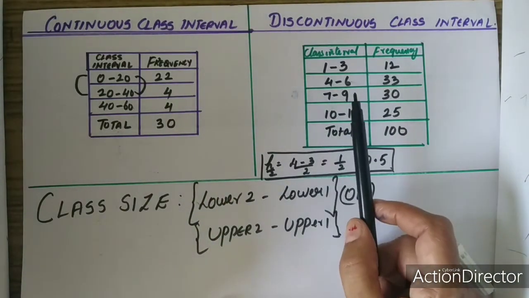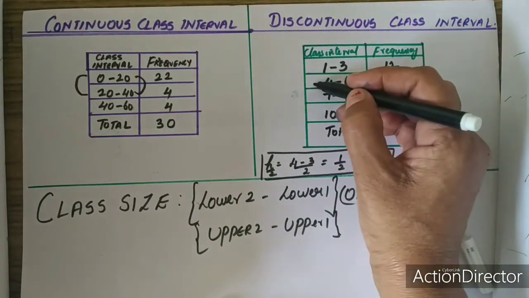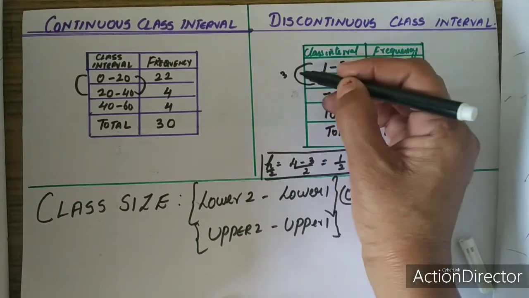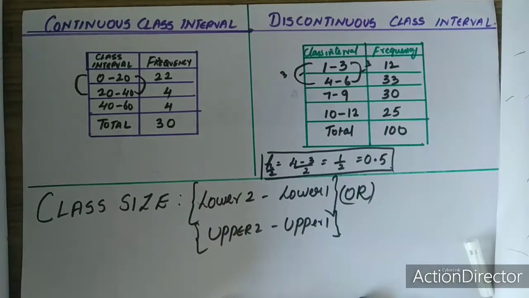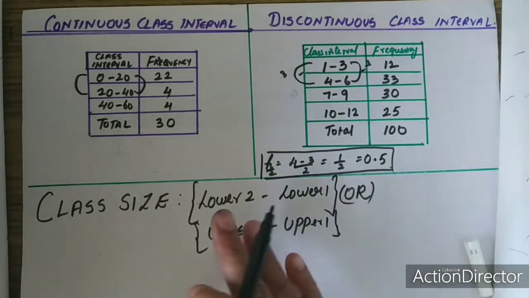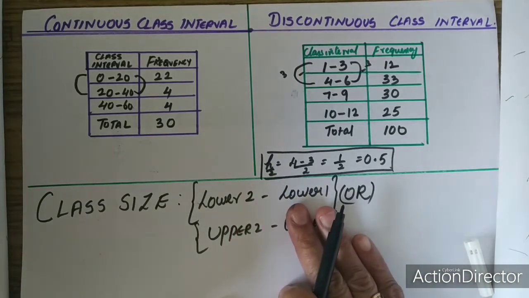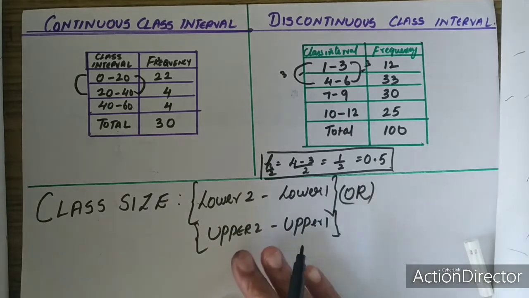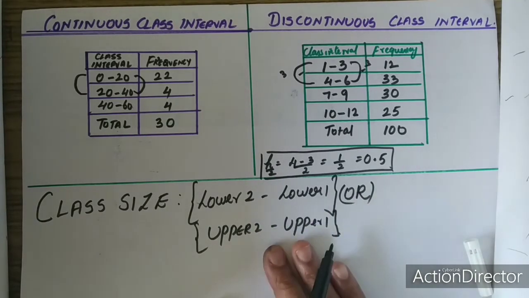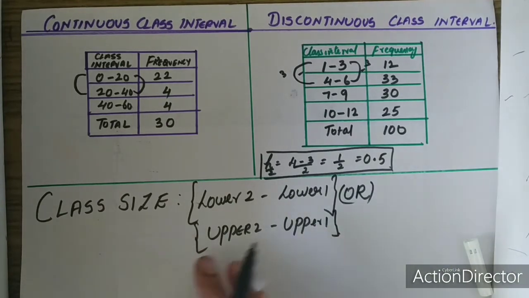Now coming to the discontinuous one, again the same formula. What is 4 minus 1? 4 minus 1 is equal to 3, and 6 minus 3 is also equal to 3. So the formula remains the same for both cases: the lower limit of the second class interval minus the lower limit of the first class interval gives me the class size, or the upper limit of the second class interval minus the upper limit of the first class interval. So this is the formula for finding the class size.